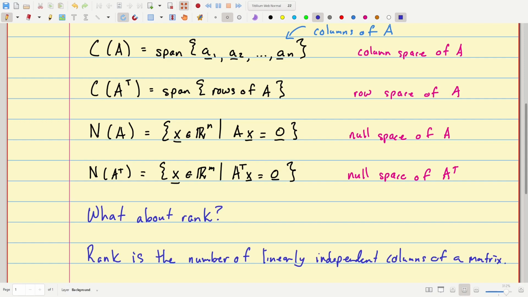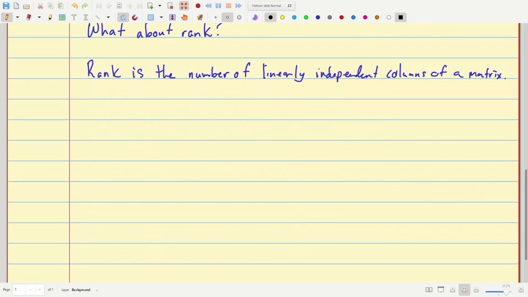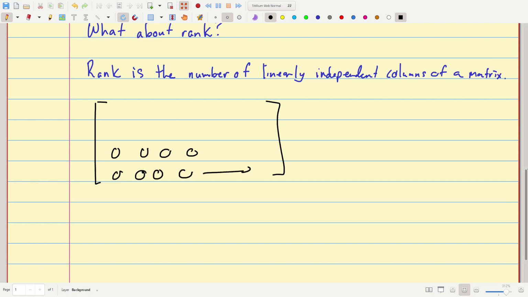So the answer had to do with row echelon form. We know that there are going to be some matrices where if we put it into reduced row echelon form, we're going to have some number of rows that have this property. The other way to think about it would be that there would be some number of pivot columns that exist in the form.